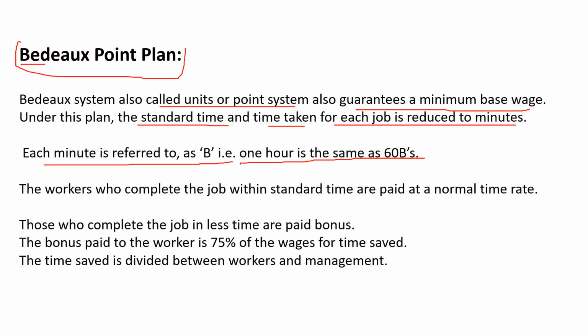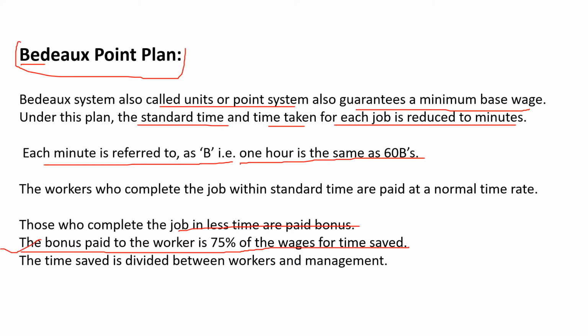The workers who complete the job within the standard time are paid at a normal time rate. Those who complete the job in less time are also paid a bonus, and the bonus paid to the worker is 75% of the time that he saves. This is something again we have to note down.